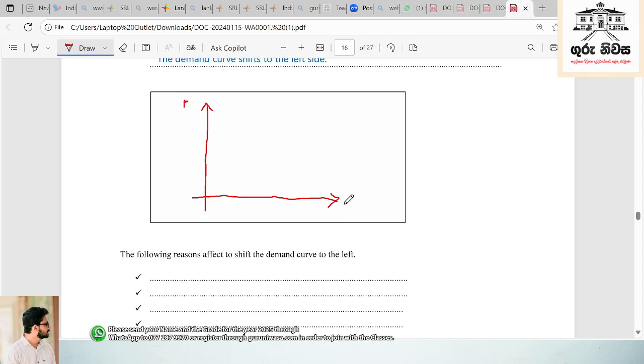Price and quantity. This is your original demand curve, D1. Now what happens?